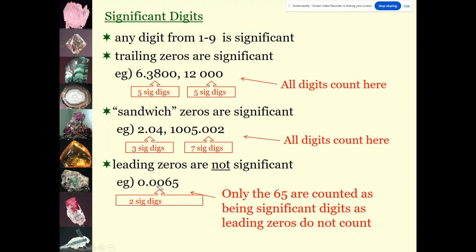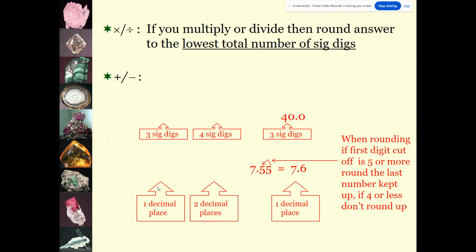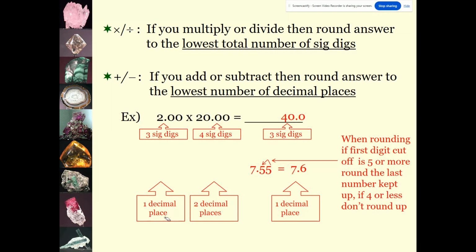Okay? Now the reason sig digs matters is because most of the time we're going to be multiplying and dividing, and when you're multiplying and dividing, you're going to round your answer to the lowest total number of sig digs as the number that are given in your question. So for example, let's say I'm taking 2.00, which has 3 sig digs, and I'm multiplying it by 20.00, which has 4 sig digs.